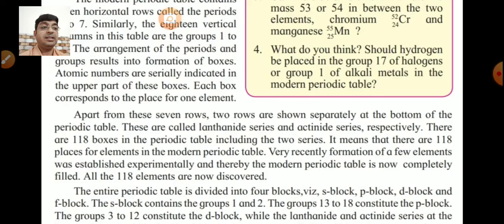It means that there are 118 places for elements in the modern periodic table. Very recently, formation of a few elements was established experimentally, and thereby the modern periodic table is now completely filled. All the 118 elements are now discovered.